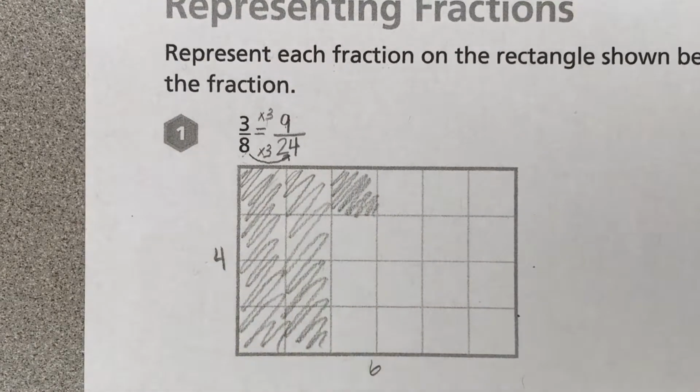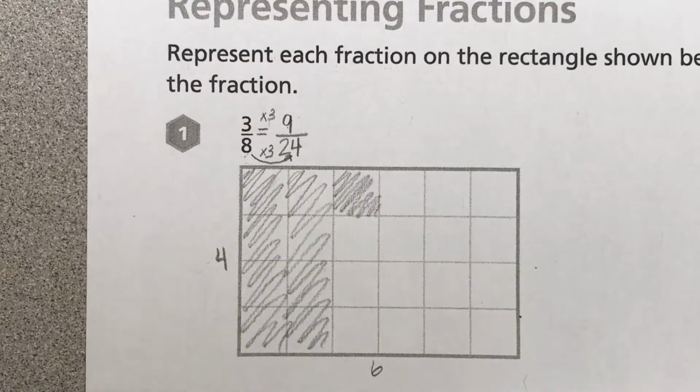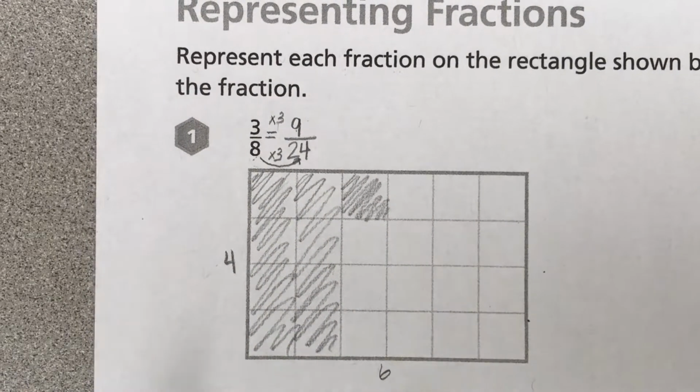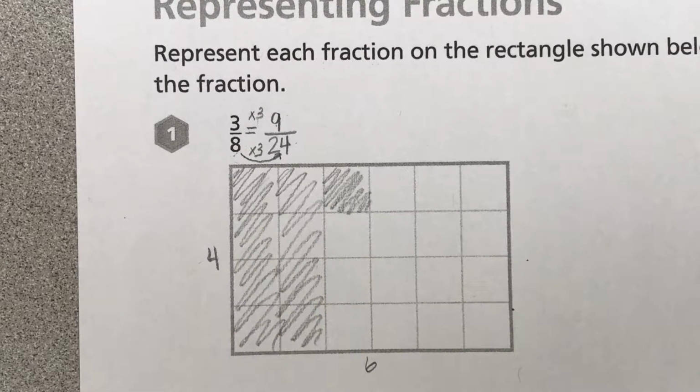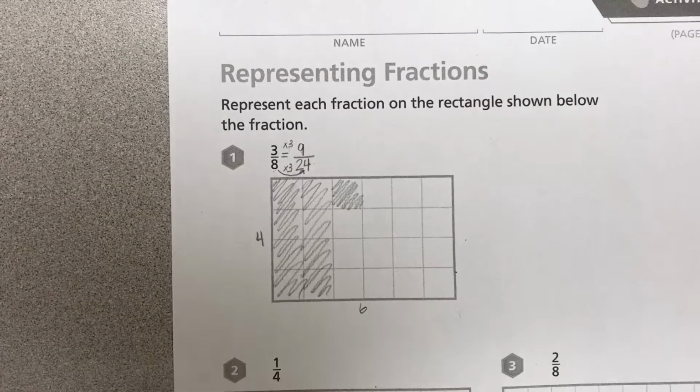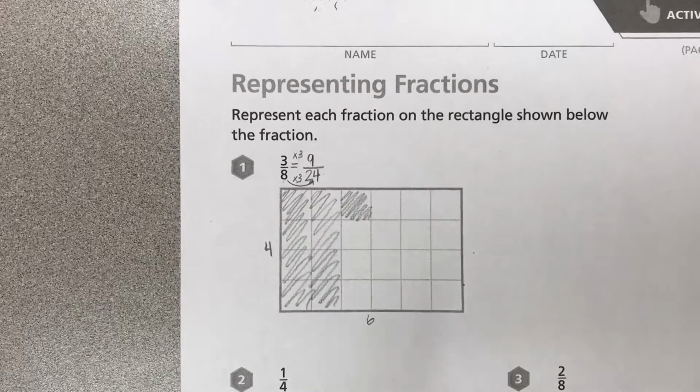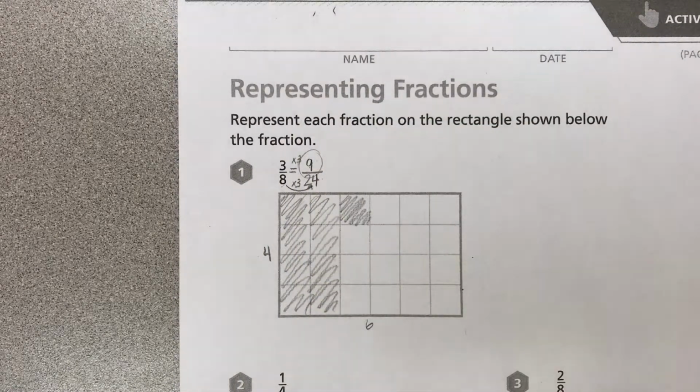So that actually represents 3/8. Okay, so it's really just as simple as figuring out an equivalent fraction that helps you use the rectangle that you have and then shading in the number that you get as your missing number, which was 9 in our case.